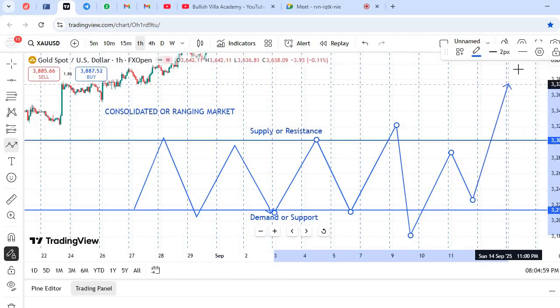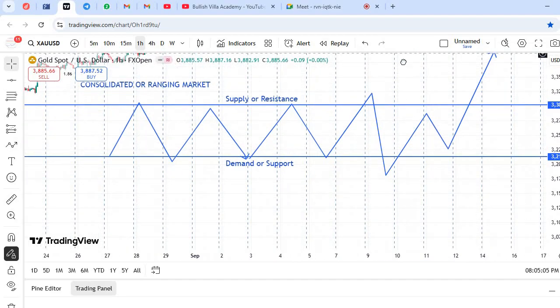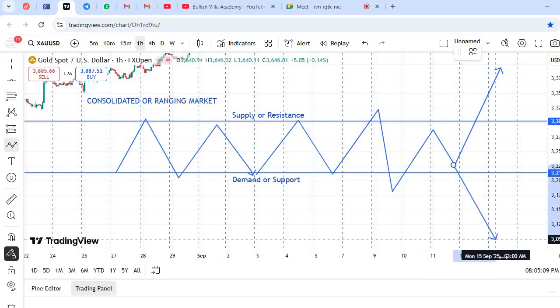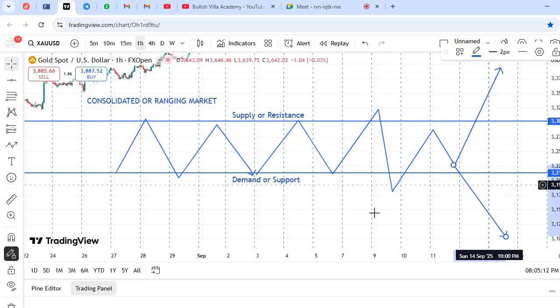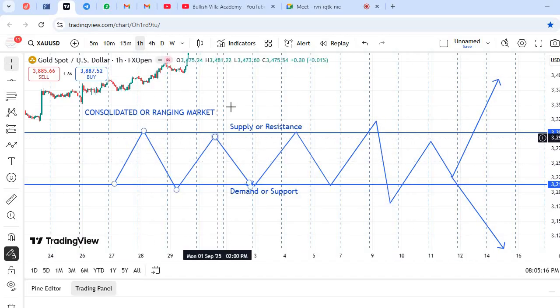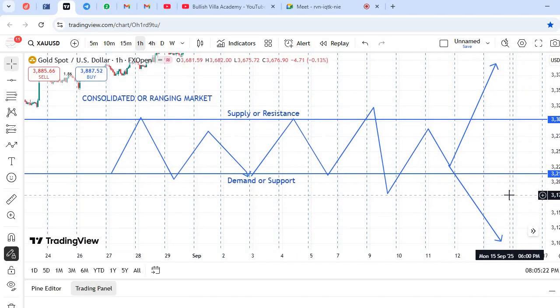Then you can finally have a breakout, either to the upside or to the downside. So this is a consolidated market, or a ranging market.